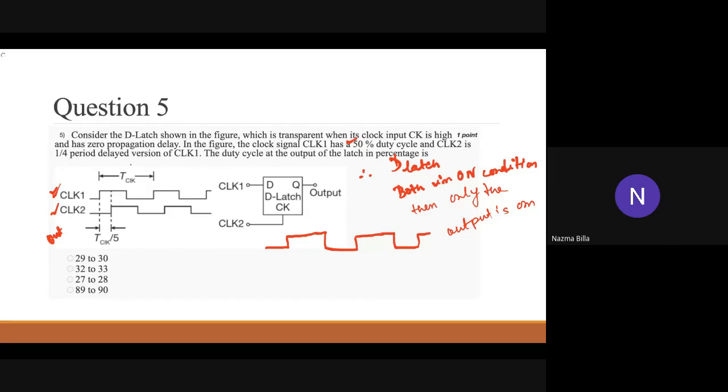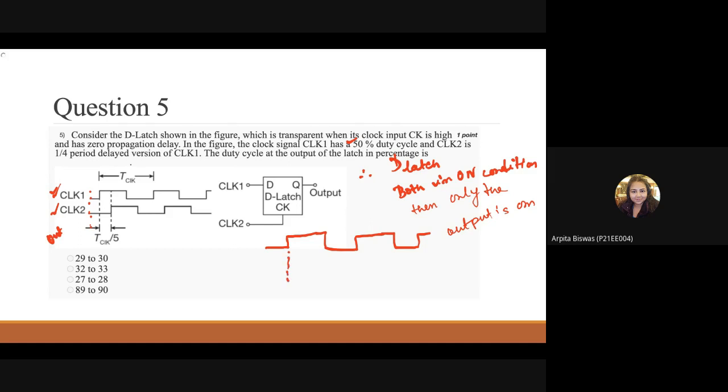But in the question they have given that clock 2 is a one-fourth period delayed version of clock 1. They are actually considering from here. At first, you should draw it, from the circuit.